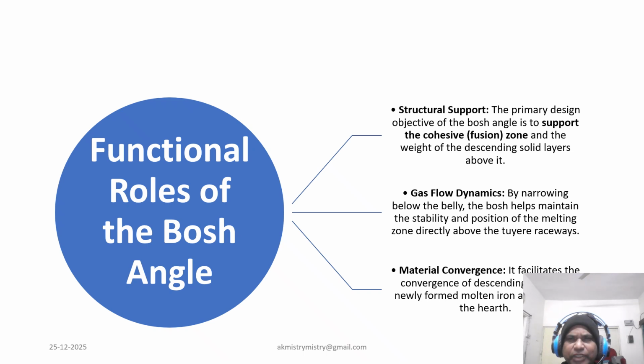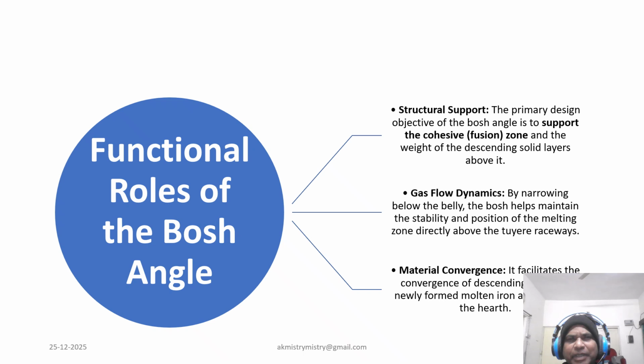Over the last century, research led to three major empirical rules for determining the Bosh angle. First, the American 4 feet by 4 feet rule, prescribed as a very shallow 45-degree angle. Then British Steel's Scunthorpe work developed the 12 feet by 5 feet rule, resulting in a 67.4-degree angle.